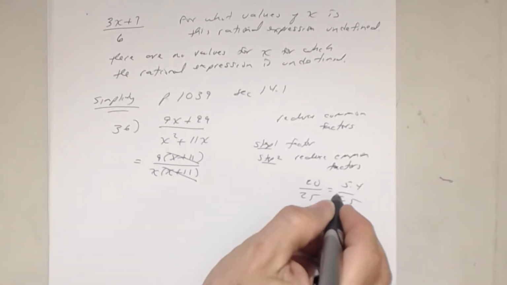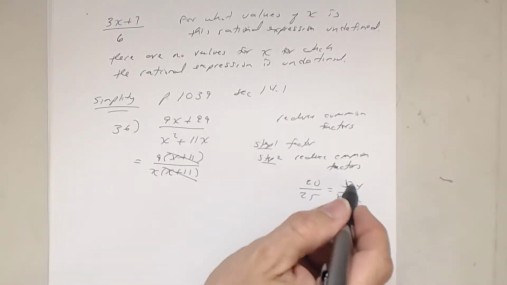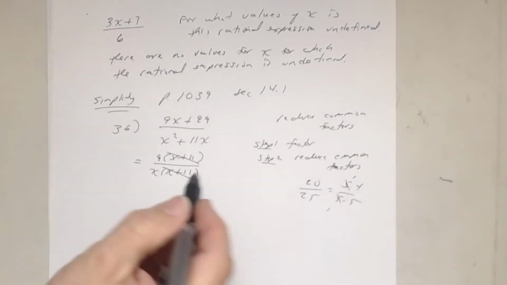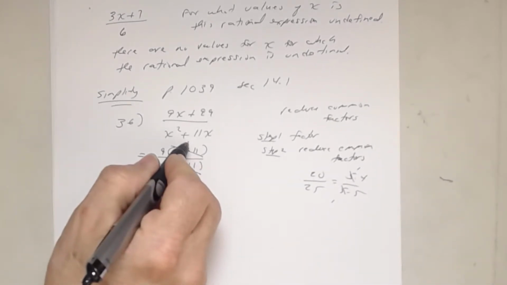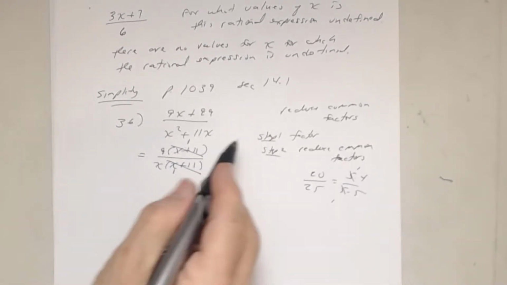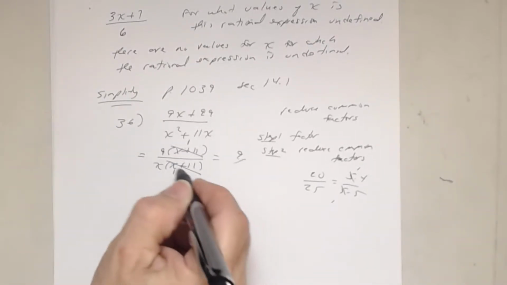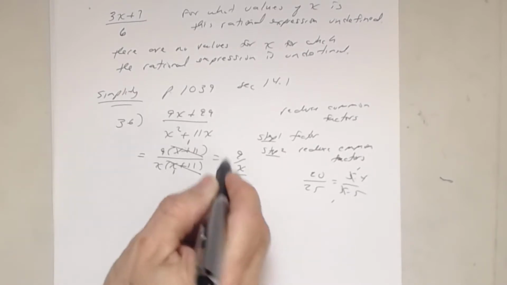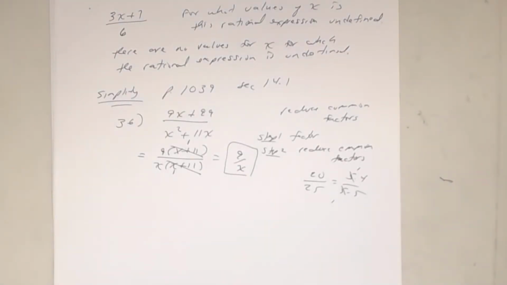When I reduce this, you don't just cross it out. What's actually in their places? 1s. What I'm left with is a factor of 1, and 9 times 1 is 9, x times 1 is x. So number 36, when simplified, is just 9 divided by x. So the first thing you do when simplifying rational expressions is to factor, and then you reduce your common factors. Okay?